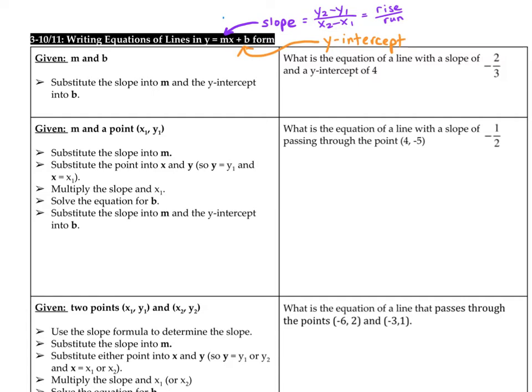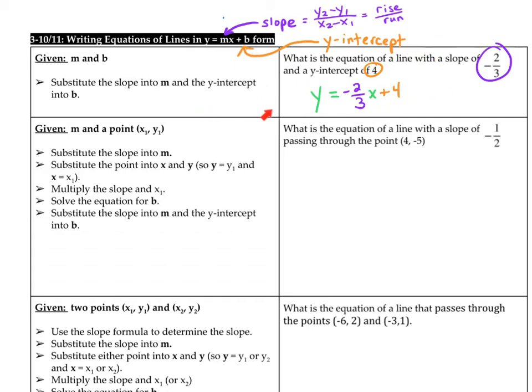So your slope is -2/3. And then your y-intercept is 4, which is +4. So the y and the x variables don't get substituted for numbers in your final answer, but the m gets substituted for your slope and the b gets substituted for your y-intercept.